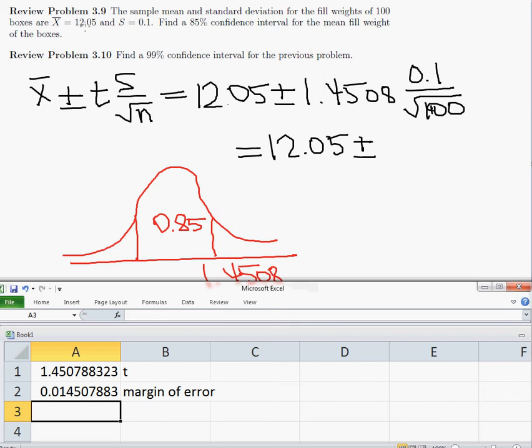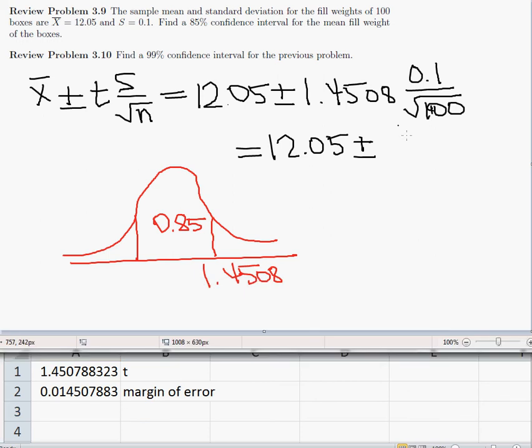So here we only have two significant digits, so I'll write that the same way here, so 0.015. Now, probably just to emphasize a point that I'm about to make in a little bit, I'll put three places, so 0.0145. Okay, so that's the 85% confidence interval.